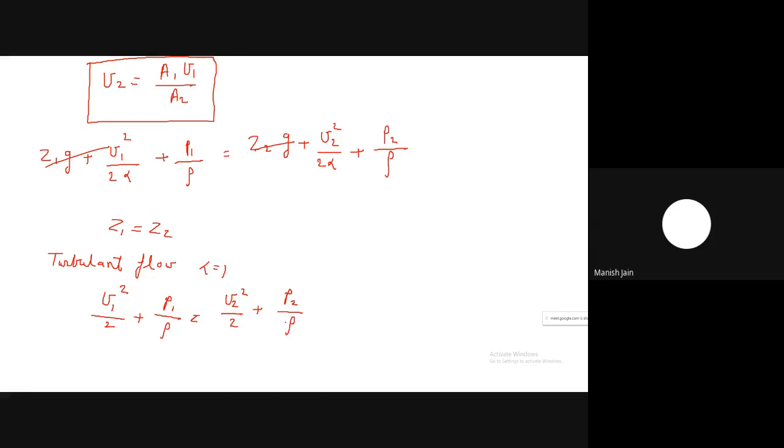Now you can substitute the value of V2 in terms of V1, which we had calculated here. So this is equation number 1, this is equation number 2. Substitute the value of V2 from equation number 1 into equation number 2.